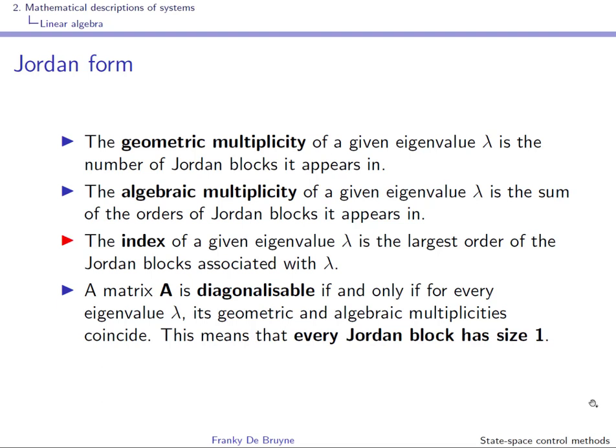The algebraic multiplicity, for this given eigenvalue, is the sum of the orders of the Jordan blocks it appears in. And if the matrix A is diagonalizable, then its geometric and algebraic multiplicity must coincide. This means that every Jordan block has size 1.